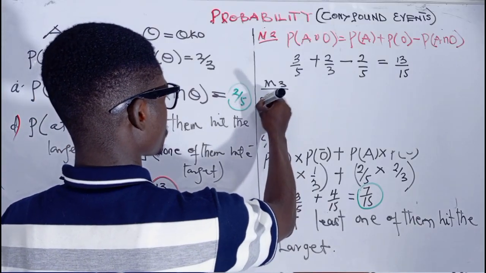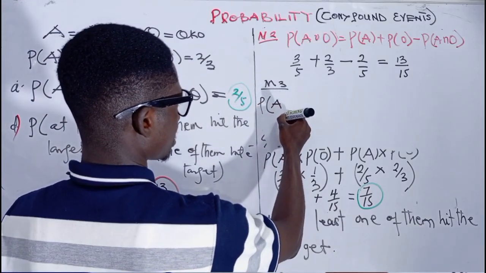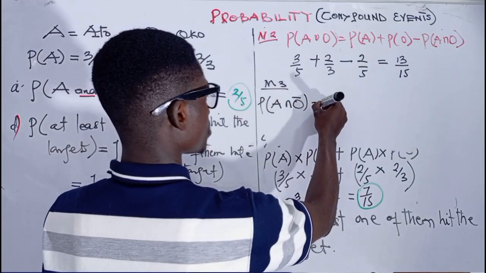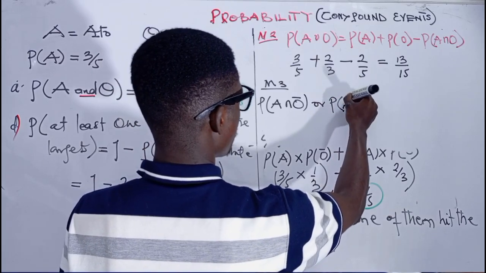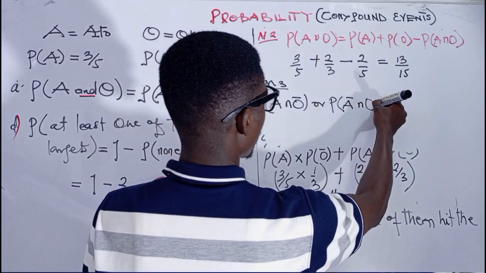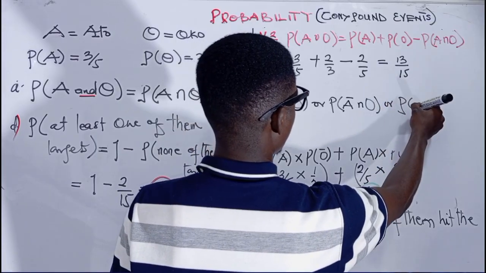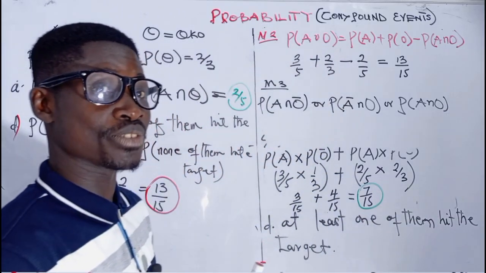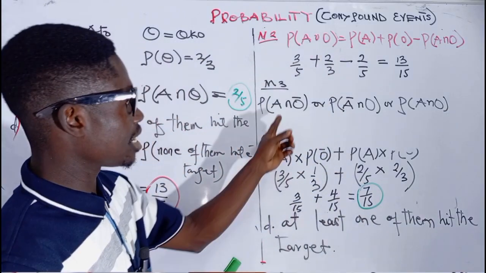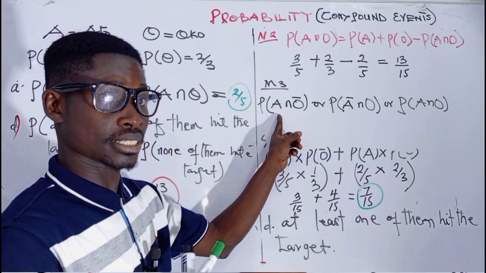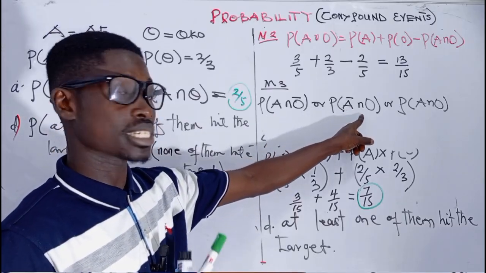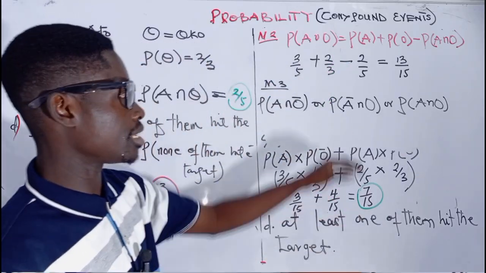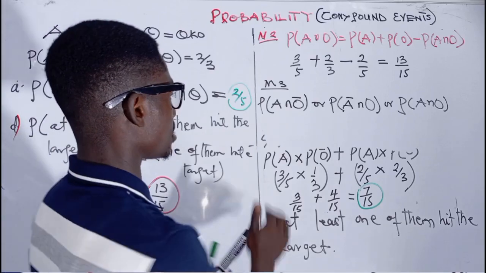So we are going to have the probability that Ato hit the target and Oko missed the target, or the probability that Ato missed the target and Oko hit the target, or the probability that Ato and Oko hit the target. And this is going to give you at least one of them hitting the target. Here Ato is hitting the target. Here Oko is hitting the target. It means one of them should hit the target, or 2 of them should hit the target. And this is going to give you the same answer.